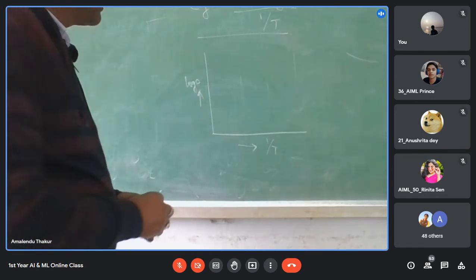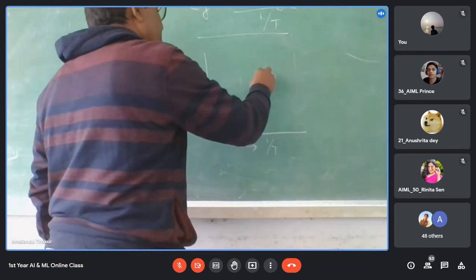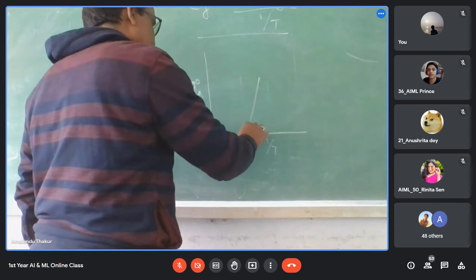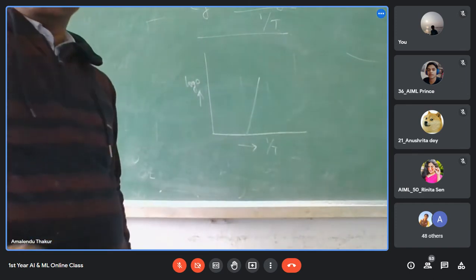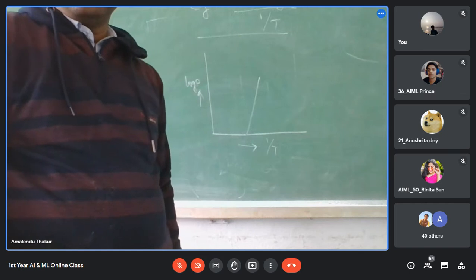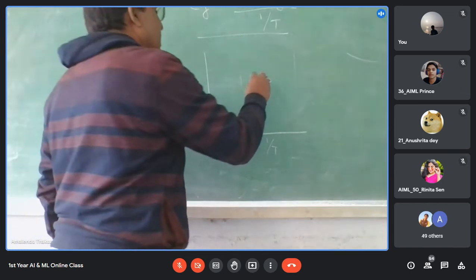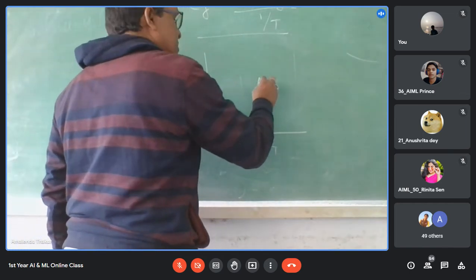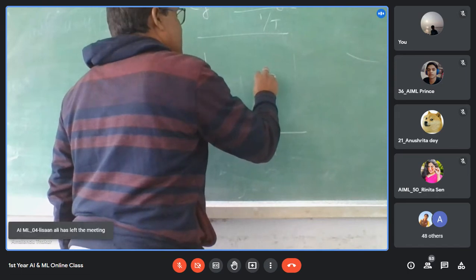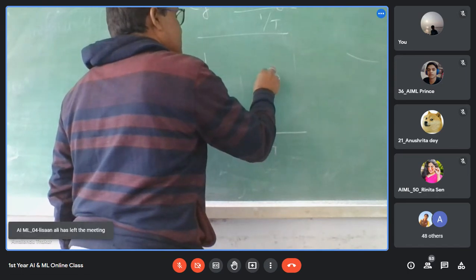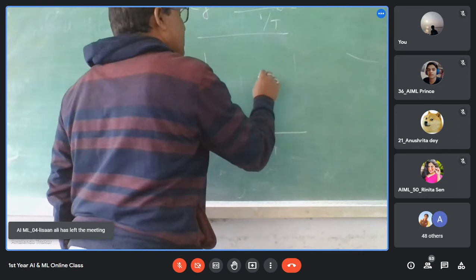In this graph, we will get a straight line like this up to this point. But initially, when it saturates, it will just turn like this.